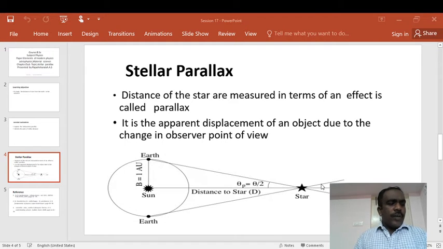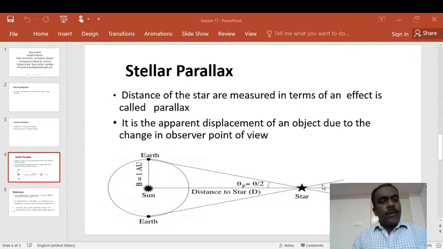Astronomical unit is the average distance between the sun and the earth. 1 AU is equal to 1.5 into 10 raised to 11 meter. So we know the basic concept.